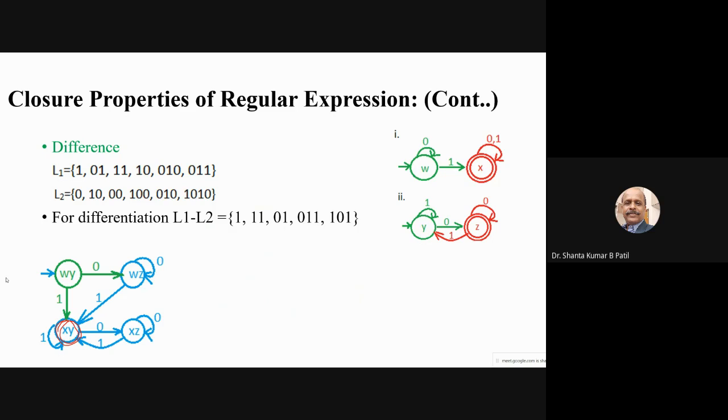If you make x y a final state, it is going to accept 1, double 1, and even 0 1 1 is going to be accepted by this finite automata. This is the finite automata which accepts the different strings obtained by L1 minus L2.